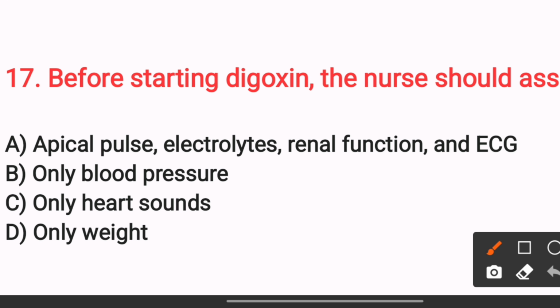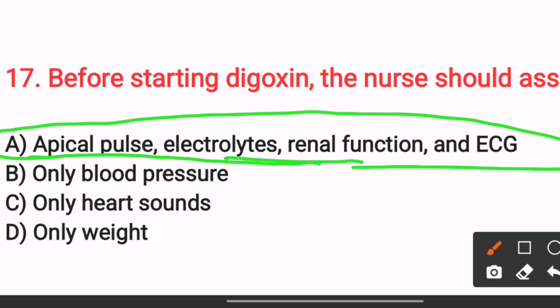The answer is option A: apical pulse, electrolytes, renal function and ECG should be monitored before starting the digoxin, because the comprehensive assessment reduces the risks of toxicity and complications. So the answer will be option A.